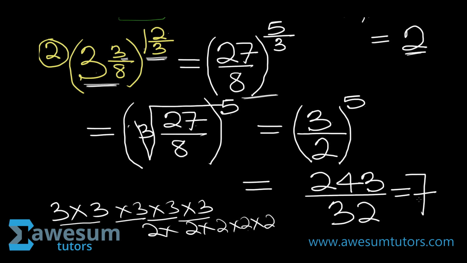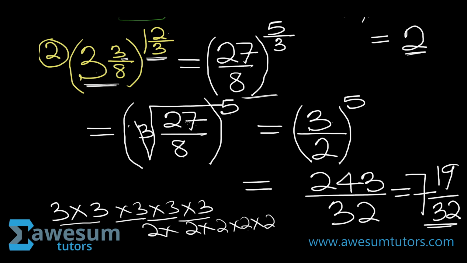And if that gives you 224, what's going to be your remainder? Your remainder is going to be 19. So I have 7 whole number 19 over 32 as my final answer.